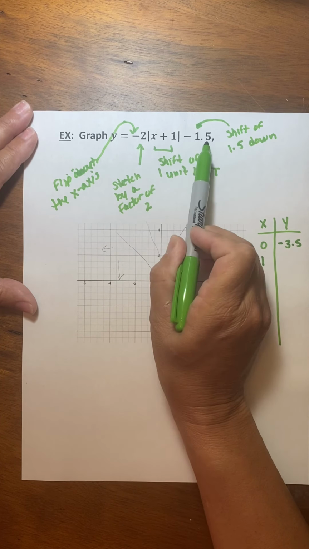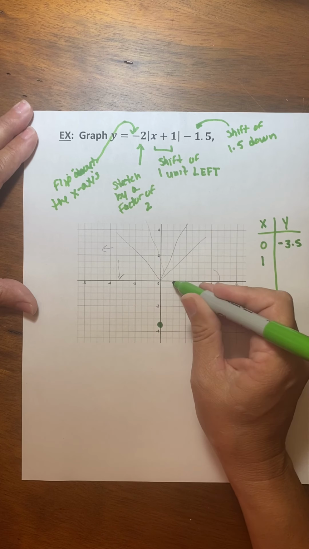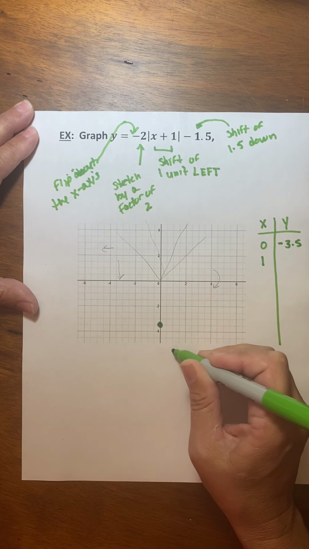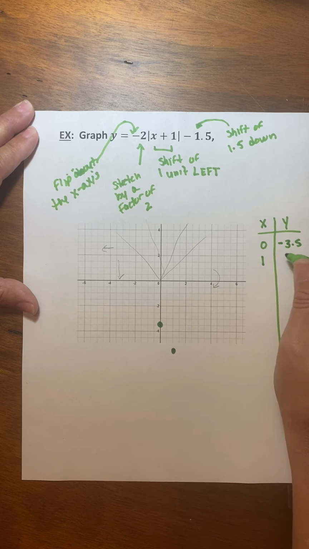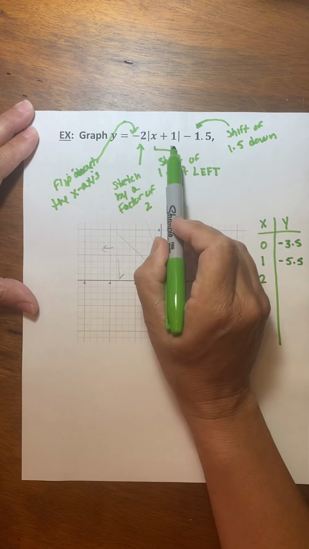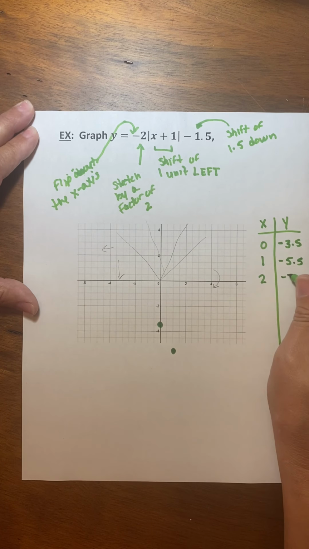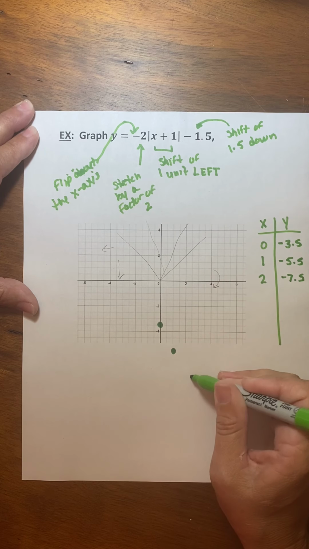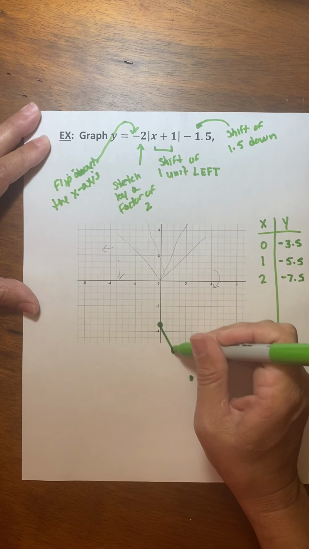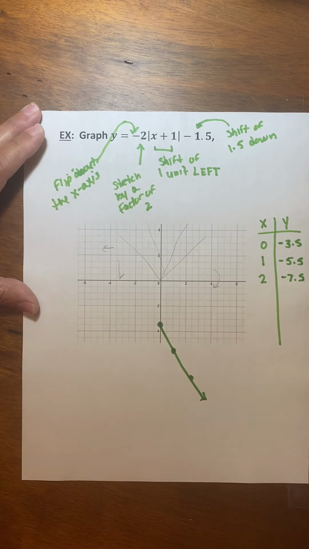Negative 4 minus 1.5 would be negative 5.5. So I already know I'm shooting down pretty quickly. If I do 2, we're going to have 3 times this, negative 6, negative 7.5. So at 2, we're way down here. So I can see that as x gets bigger, y becomes more and more negative.